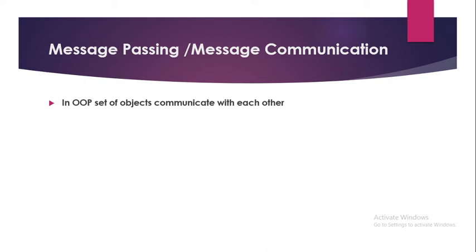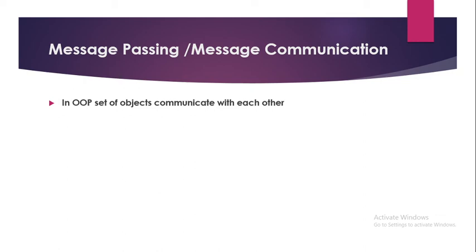At the time of execution, all of these objects interact with each other by passing messages to one another. Passing a message from one object to another is nothing but giving a request to the object to execute some procedure or function.